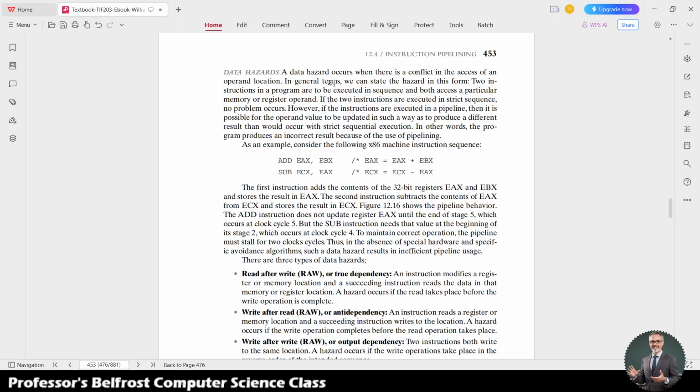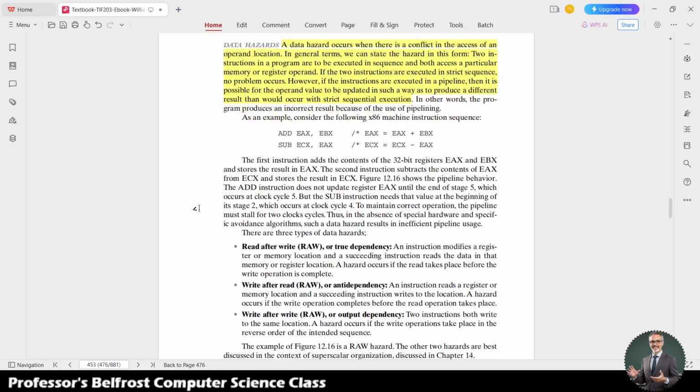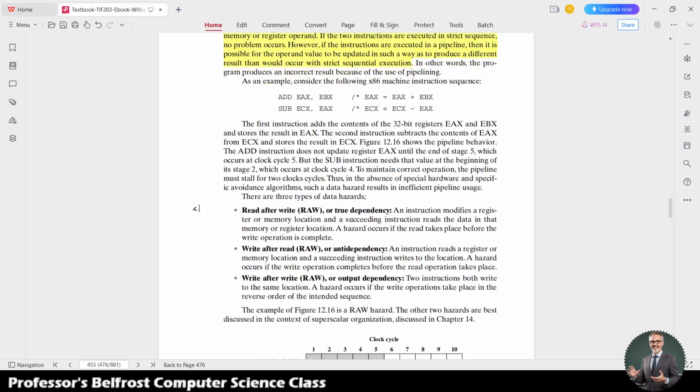If the two instructions are executed in strict sequence, no problem occurs. But if the instructions are executed in a pipeline, then it is possible for the operand value to be updated in such a way as to produce a different result than would occur with strict sequential operation. So this is a problem. There is also an example that I'll leave for you to read by yourself.